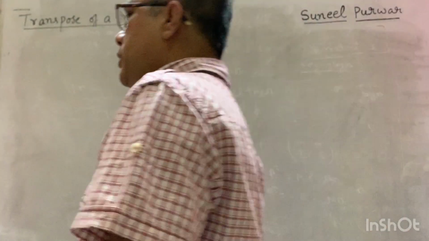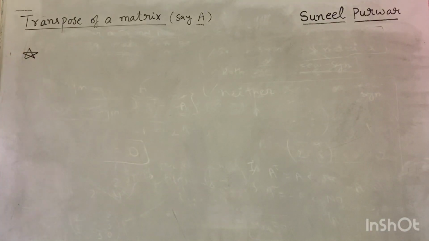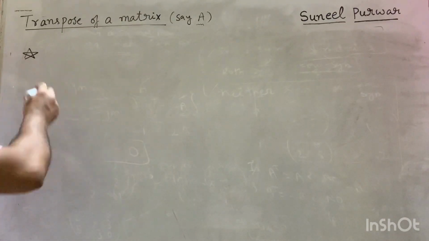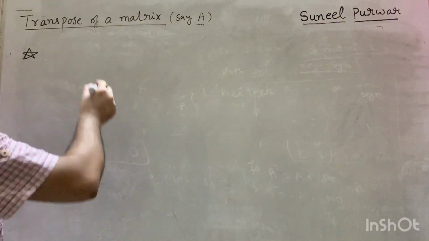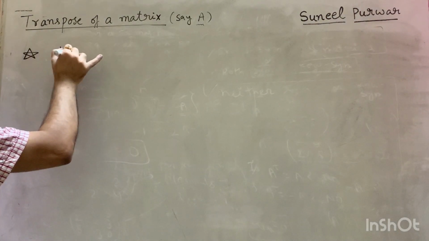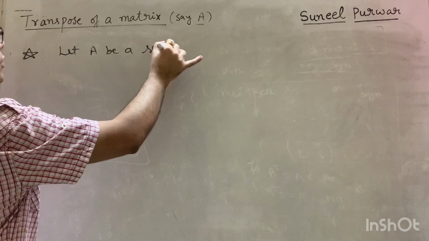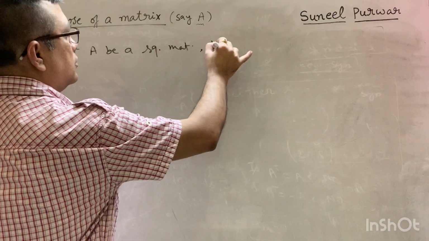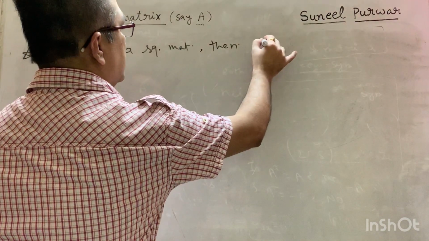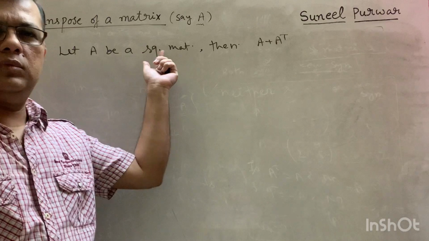Now the next point is A plus A transpose. Let A be a square matrix. Then A plus A transpose is a square matrix, say 3/3.